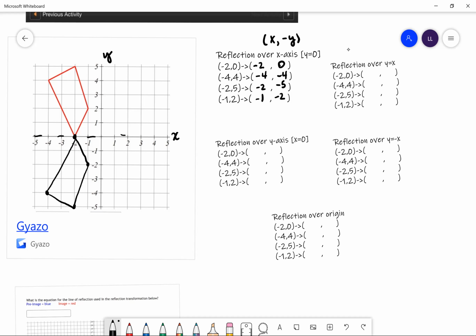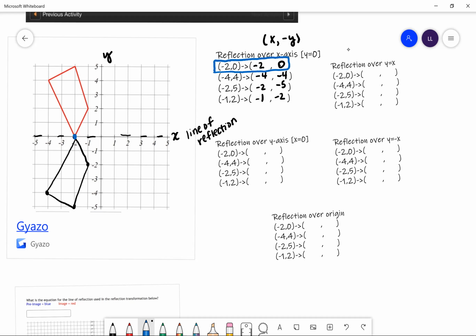So whenever you have a point on the line of reflection, that point actually ends up staying right there on the line of reflection when you do the transformation. So that's why 0 is the same. It didn't change. All right, let's do another one.